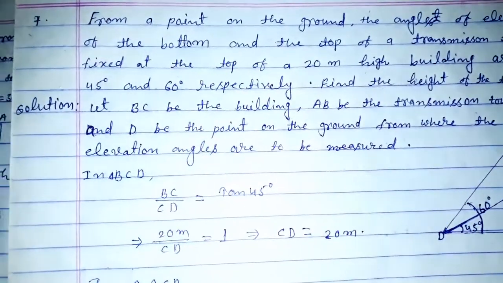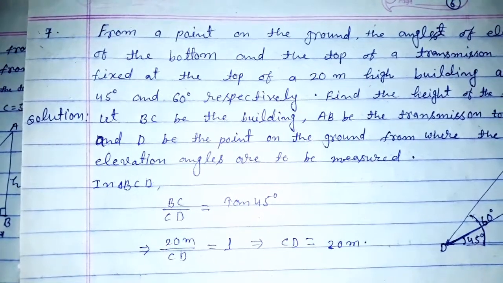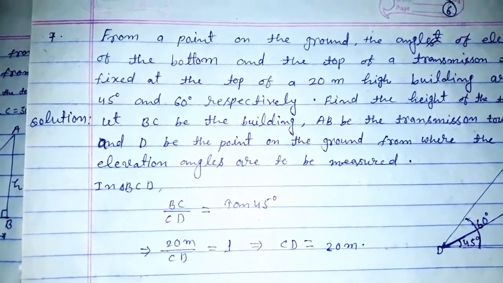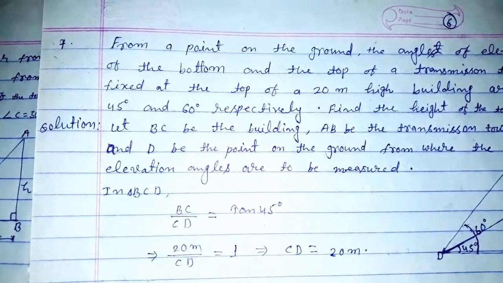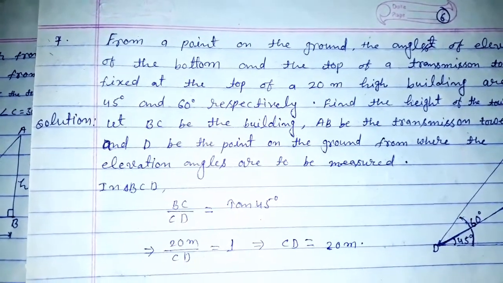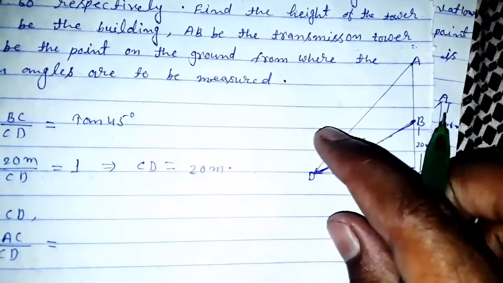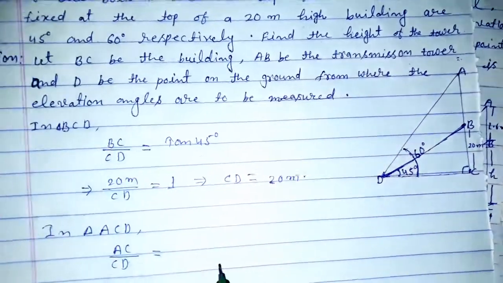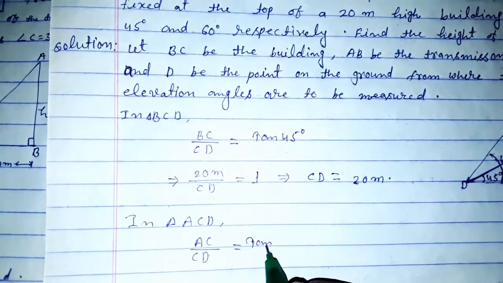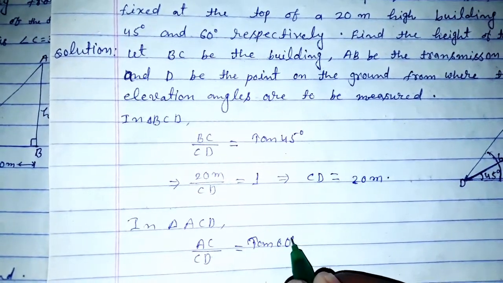So AC upon CD is equal to tan 60 degrees, because here the complete angle is 60 degrees.